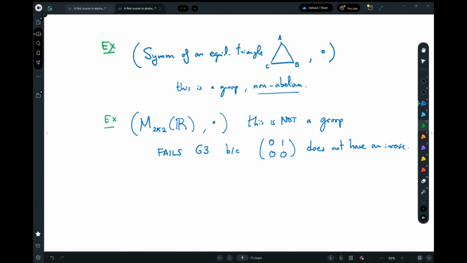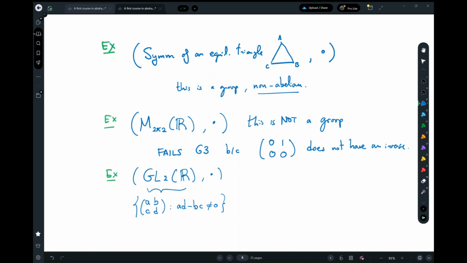However, I can fix that and talk about GL2 over the reals, with real coefficients, under multiplication. Remember, these are matrices A, B, C, D with AD minus BC non-zero.